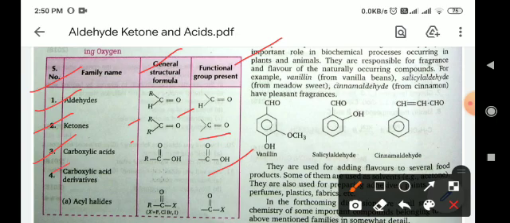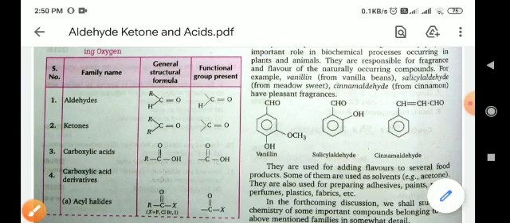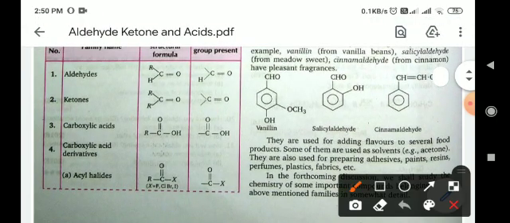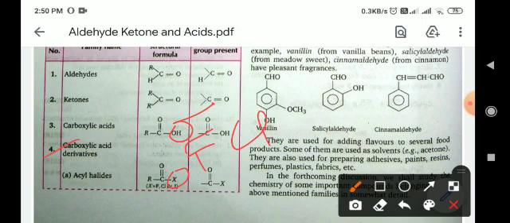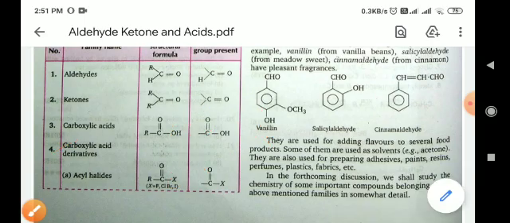Okay, and in carboxylic acid derivatives, one other functional group is present at this valency. Here you can see there is an OH group, but in carboxylic acid derivatives there will be another group like fluorine, chlorine, bromine, iodine, etc. Then they are known as acyl halides. If a halogen is present, it is known as an acyl halide.